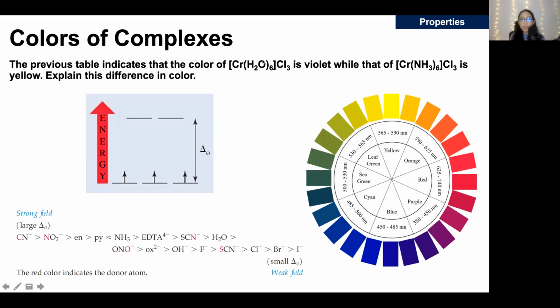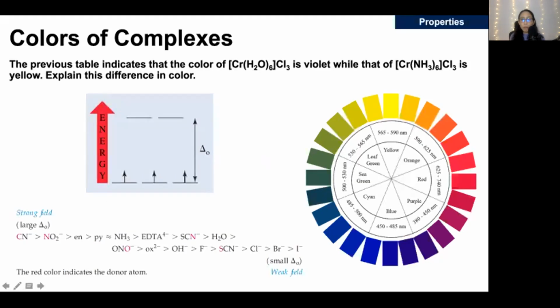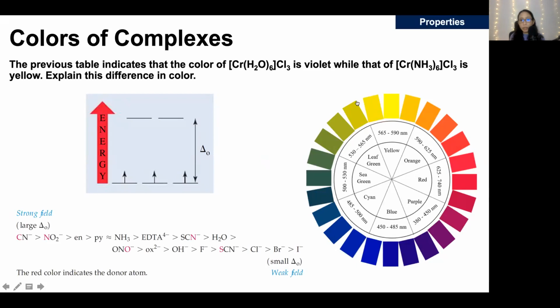Now this is an octahedral structure. The coordination number is 6. So we have this splitting pattern. For chromium(III), there are 3 electrons in the d orbital. Now we are left to ask ourselves, which of the 2 complexes will absorb which wavelength of light?